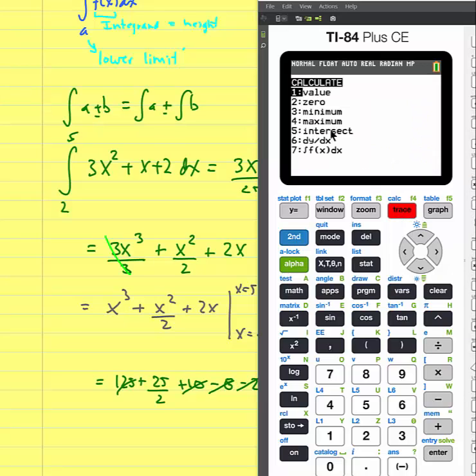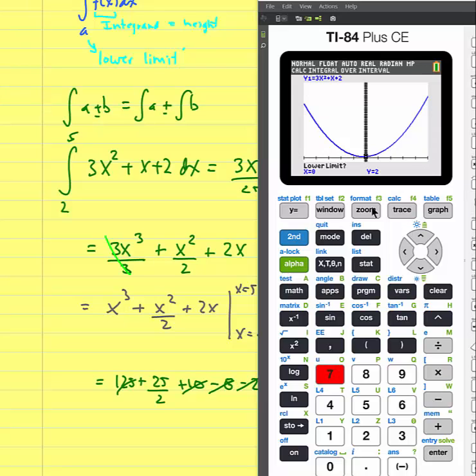Second calc, and look, we have an integral sign down here on option 7. And I'm basically saying I want my lower limit to be a 2 because that's the lower limit of my integral, and my upper limit to be a 5. And what it's going to do is shade that area that I'm finding. So this is a picture of the shaded area that I'm looking for. And then you can see your integral solution is 133.5 here.